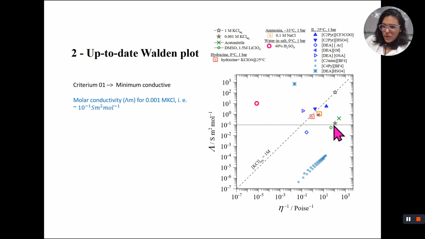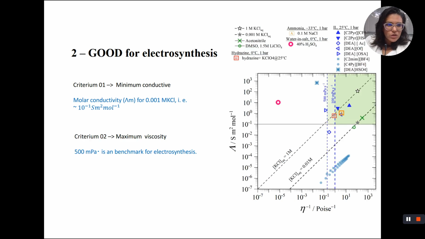So I use this value here for my first criterion. The second one is the maximum viscosity we should admit for an electrolyte. And I picked a value from the petroleum oil industry that uses 500 millipascal-seconds as a benchmark value for pumping liquids without extra cost.